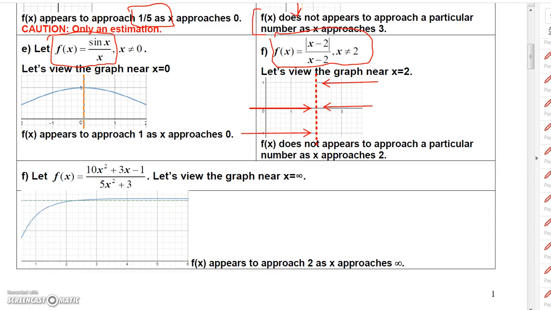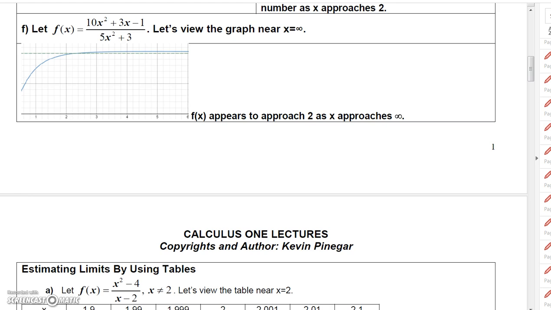And then I've got one more example I want to look at. I want to look at this function as x goes to infinity. Infinity means that we're going to a very large number. So basically, what you can do here is look as x gets large.